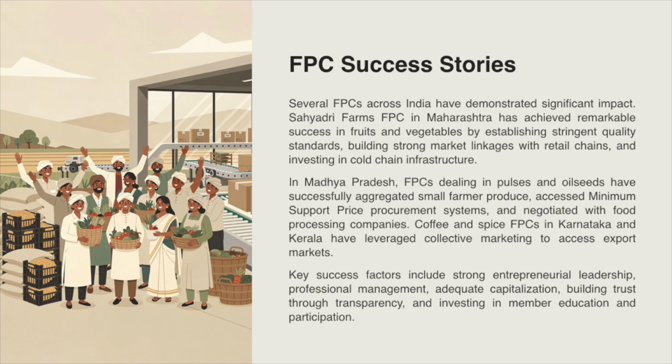In Madhya Pradesh, several FPCs dealing in pulses and oilseeds have successfully aggregated small farmer produce, accessed the minimum support price, MSP, procurement system, and negotiated with food processing companies. Coffee and spice FPCs in Karnataka and Kerala have leveraged collective marketing to access export markets, demonstrating that FPCs can facilitate international trade for small producers also.